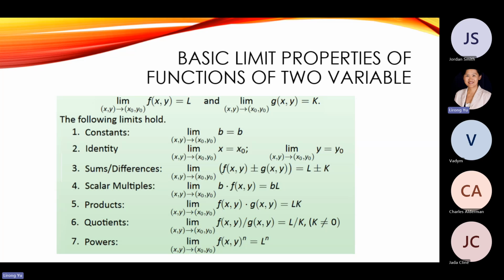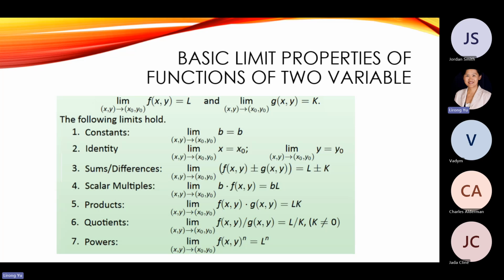Okay, so briefly with that, I'm going to talk more about different limit calculations. These are a couple of rules that were verified for one-variable functions. Here for two-variable functions, suppose you have two functions, one with a limit of L and another with a limit K at (x0, y0).